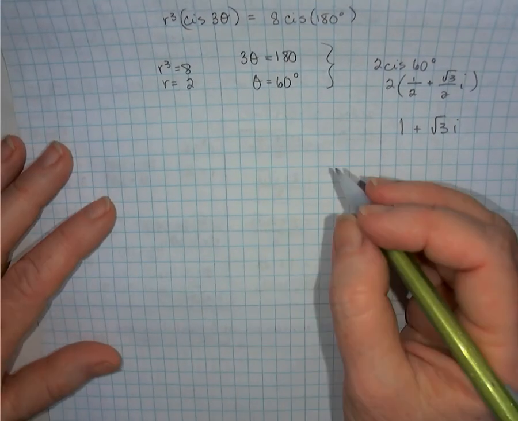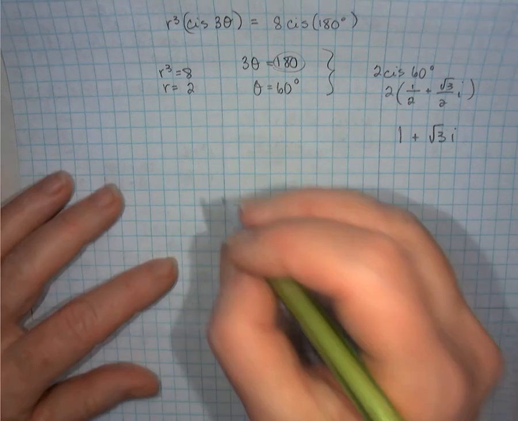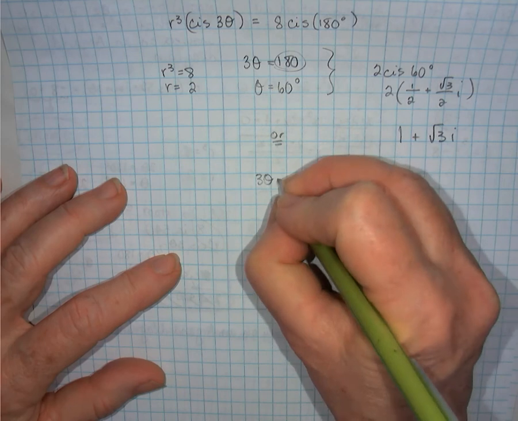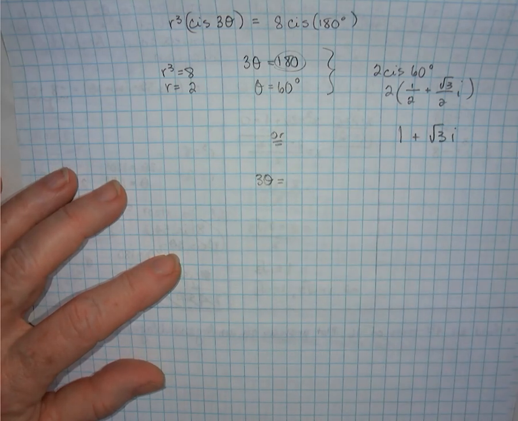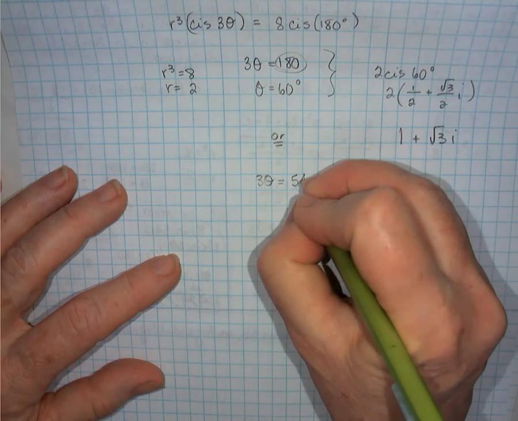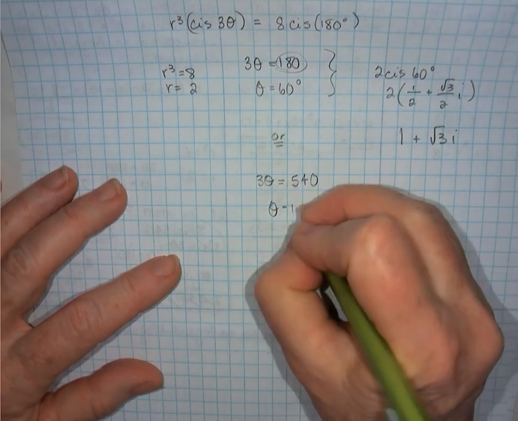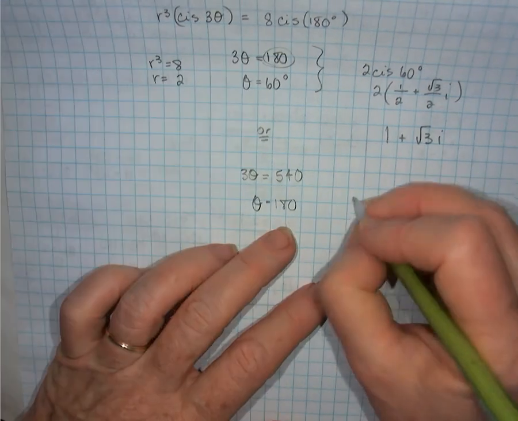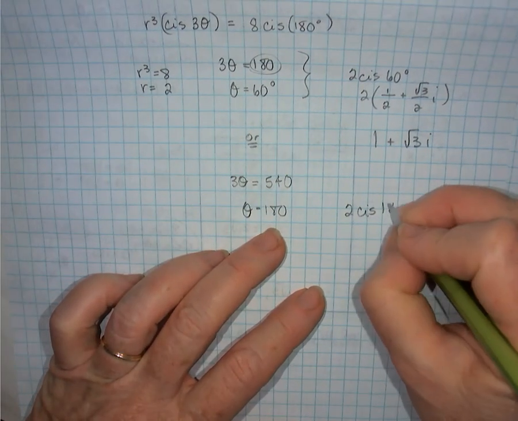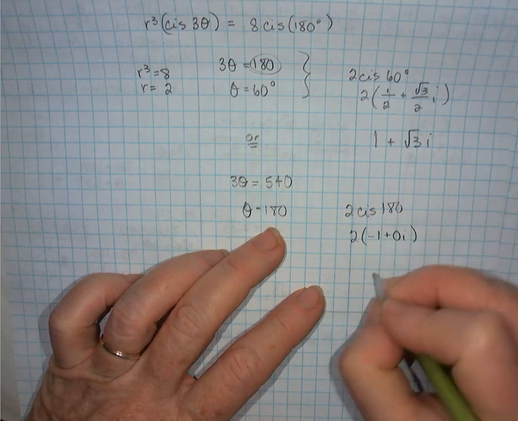Another possibility is that instead of 180 degrees, we have another 180 plus 360, so our other option is 3 theta is 180 plus 360, 540, which means that theta is going to be 180. So our solution there is 2 cis 180, which becomes 2 times -1 plus 0i, which becomes -2.